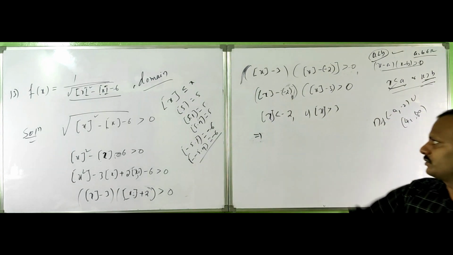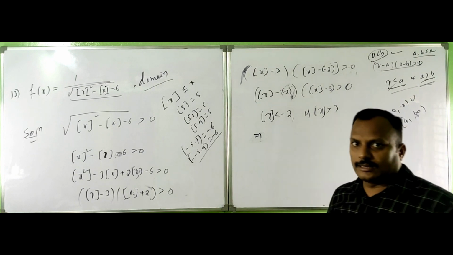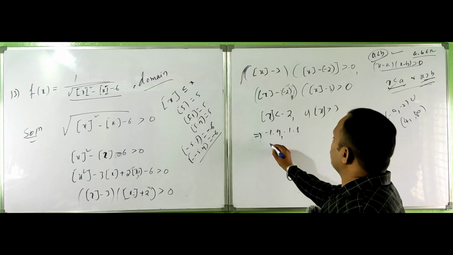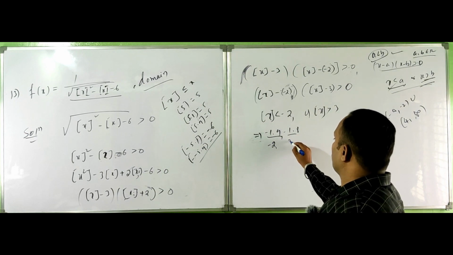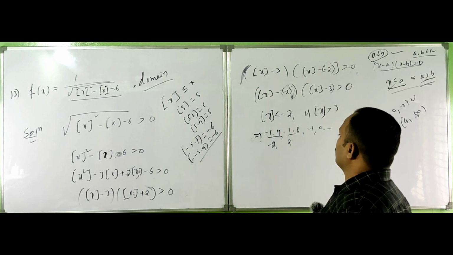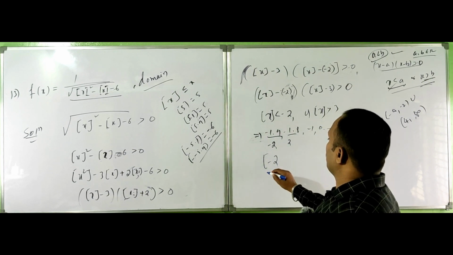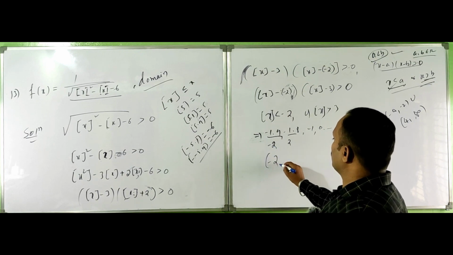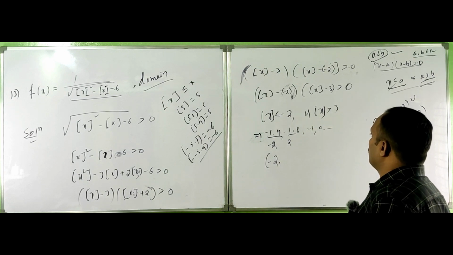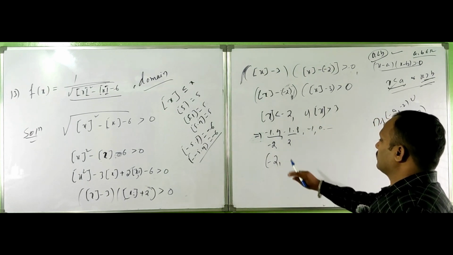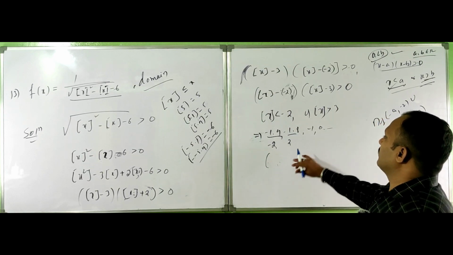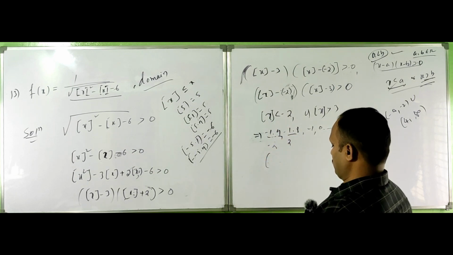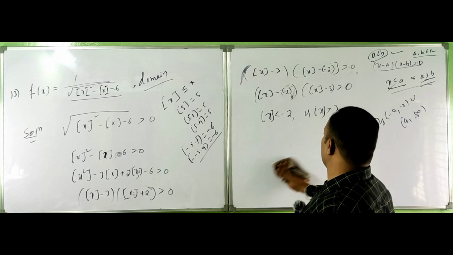So a value less than minus 2 means 1.9, 1.8? Then you are still getting minus 2, minus 1, 0 and so on. So for this I am getting minus 2. This is the value from infinity. When it is less than a value, I should write it the other way.